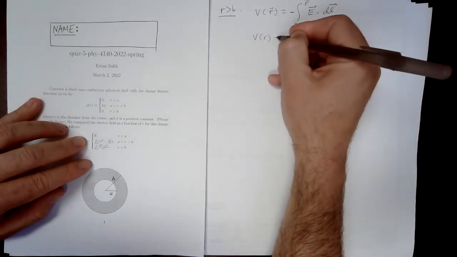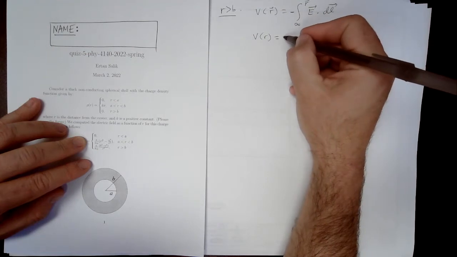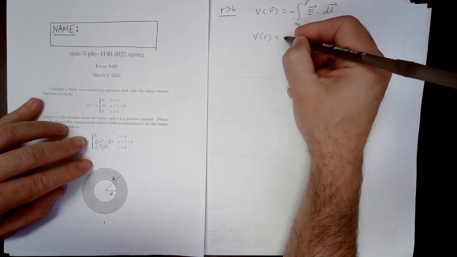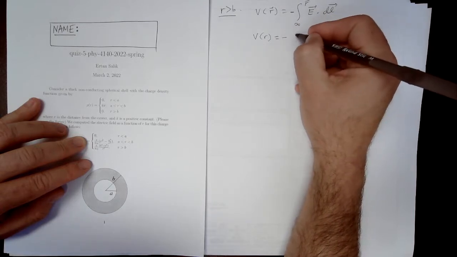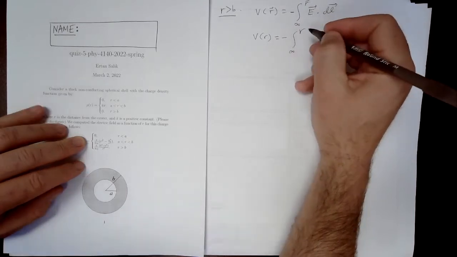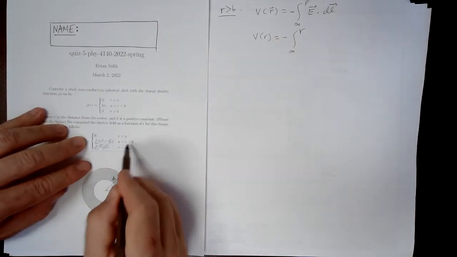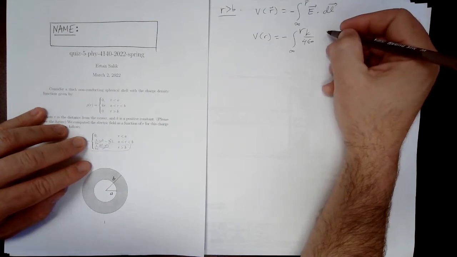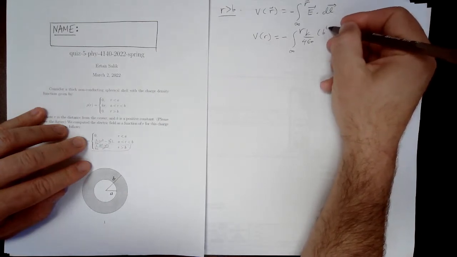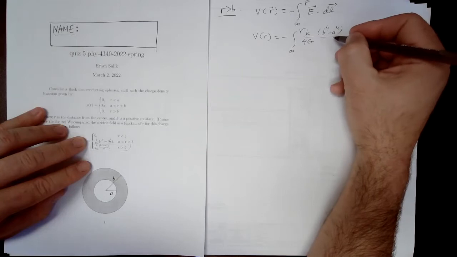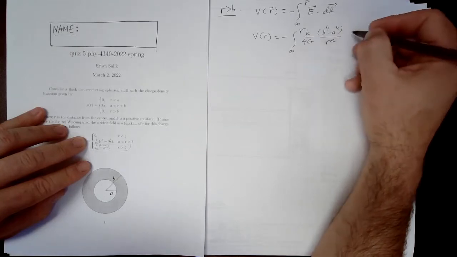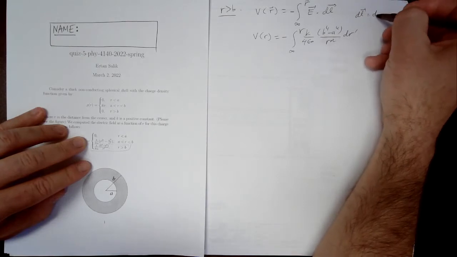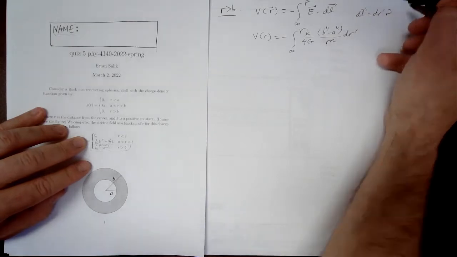So we're going to write V of R equals, and the path we're going to take here is a radial path, minus the integral from infinity to R. And then I'm going to use this electric field, K over 4 epsilon naught, B to the 4 minus A to the 4 over R squared. Again, R prime squared, dr prime, because I'm taking dl as dr prime, R prime hat.